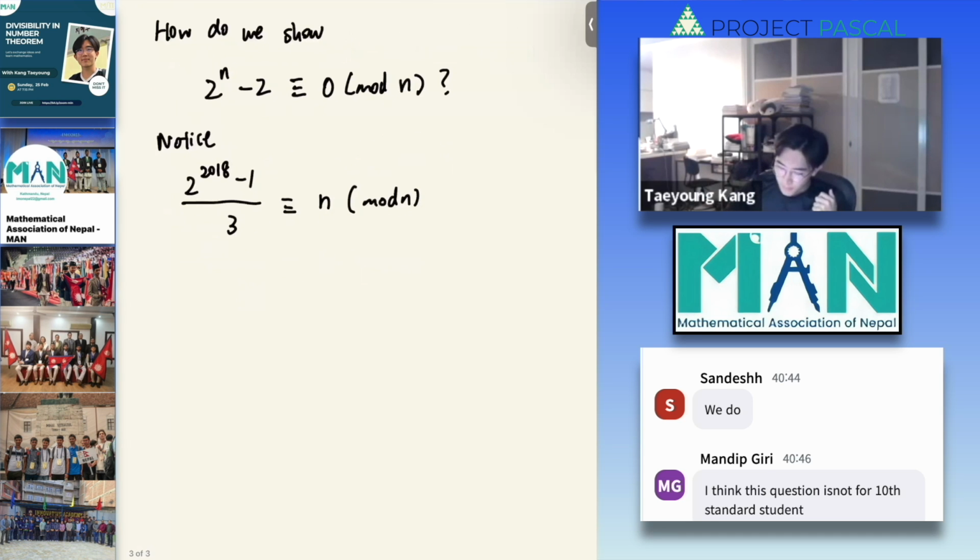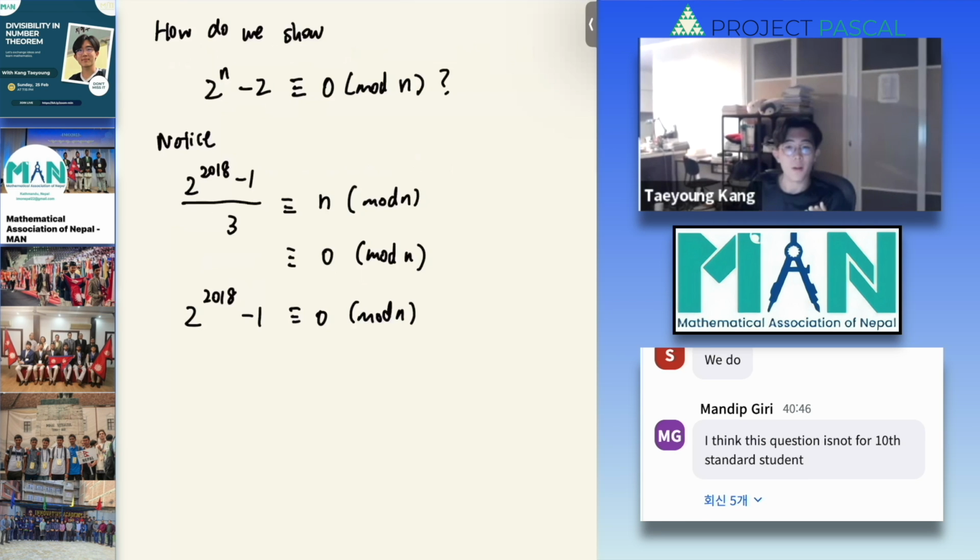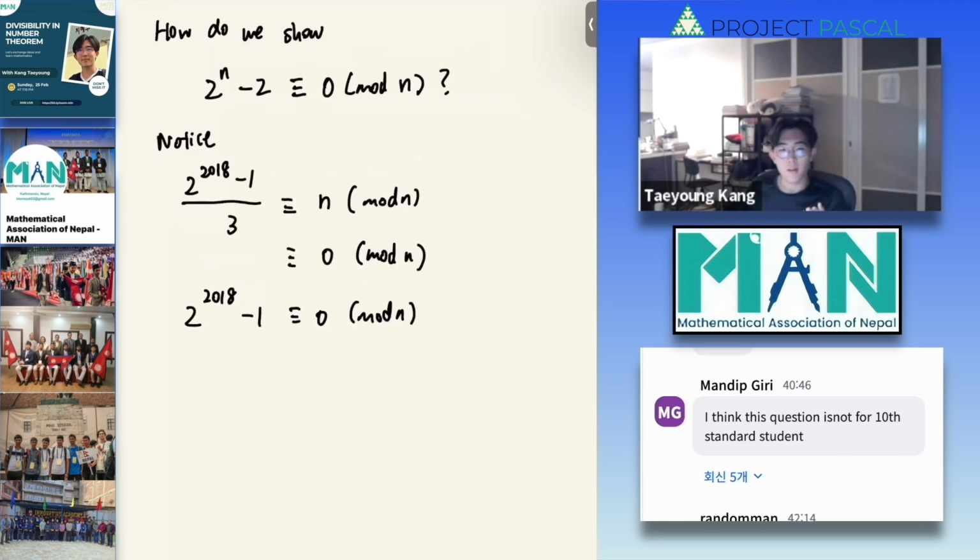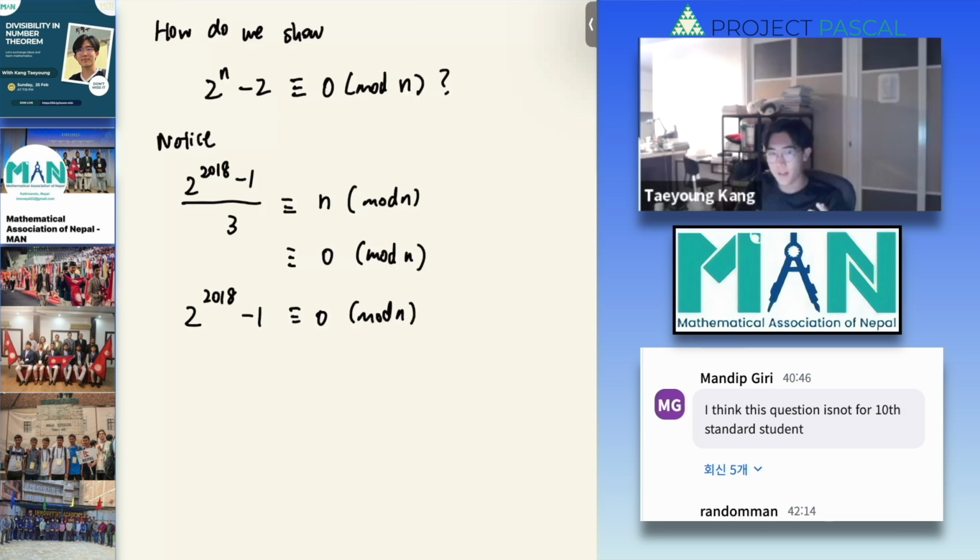And then this is congruent to 0 mod n, right? So what can we do? We multiply both sides by 3, and this gives us 2 to the power of 2018 minus 1 is congruent to 0 mod n. Do you guys agree? So now we move the 1 to the other side. So we have 2 to the power of 2018 is congruent to 1 mod n. You guys with me until here, right?